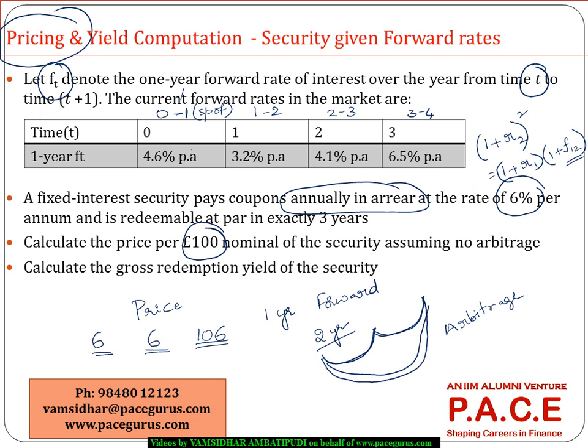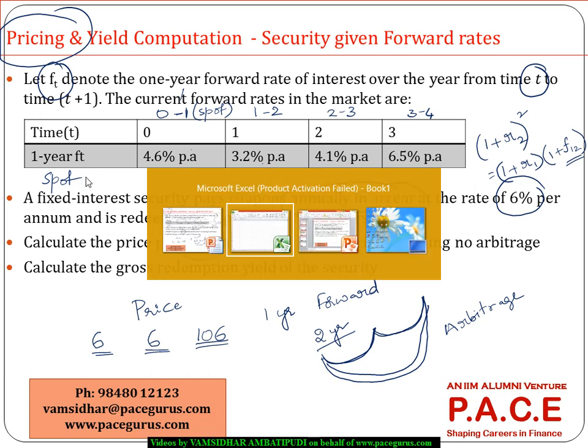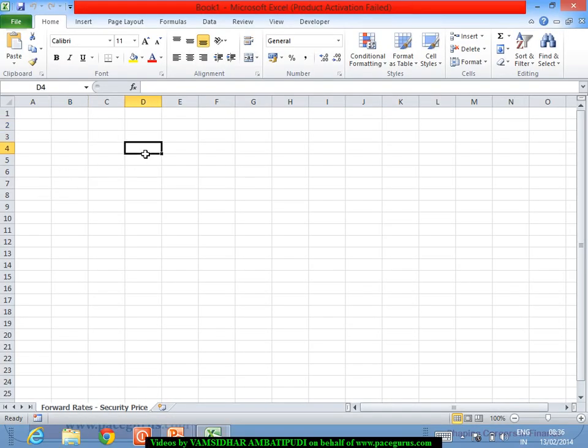One way is, now that we have forward rates, we can find out the spot rates for each of the periods. So we can take 0 to 1, 1 to 2, 2 to 3, and 3 to 4, the forward rates.